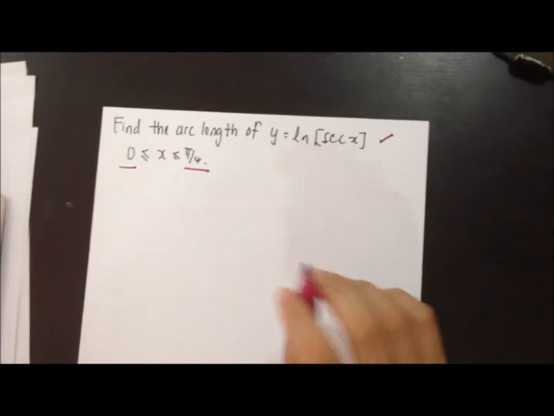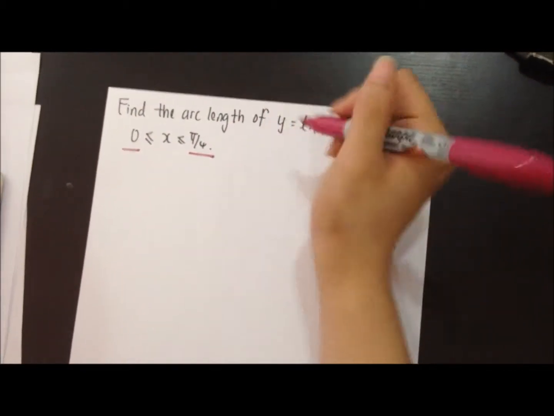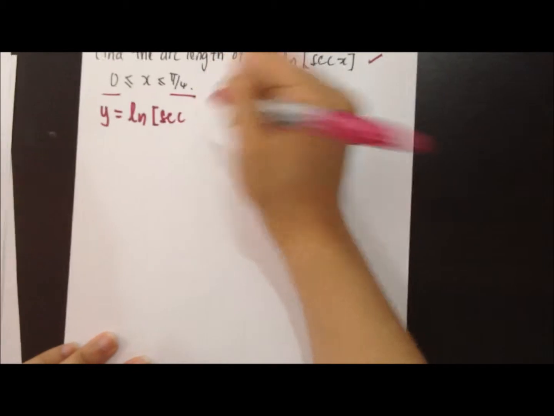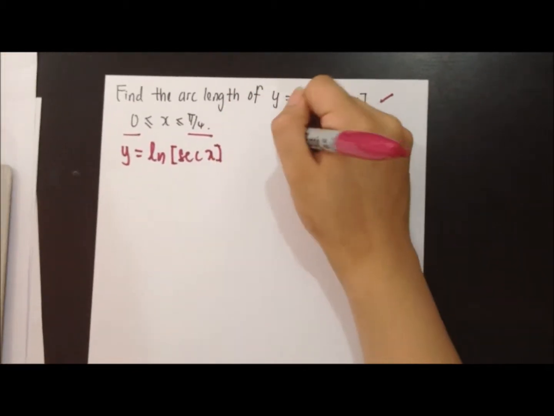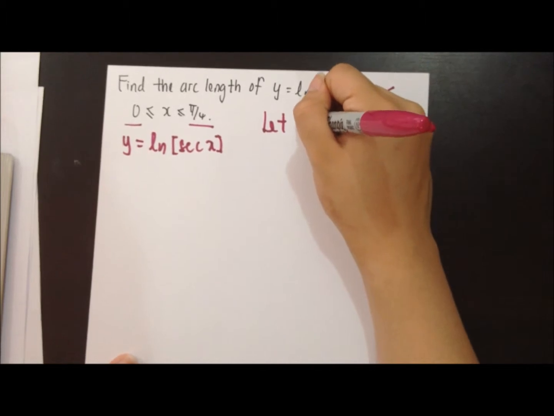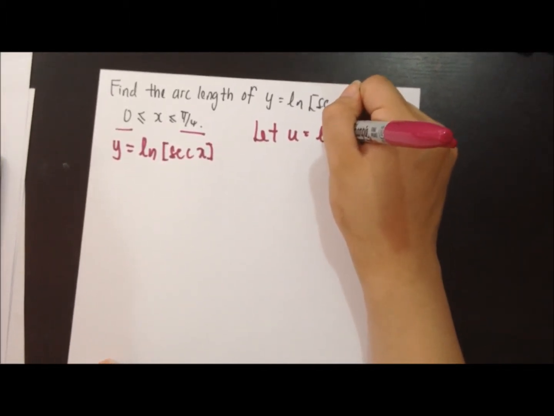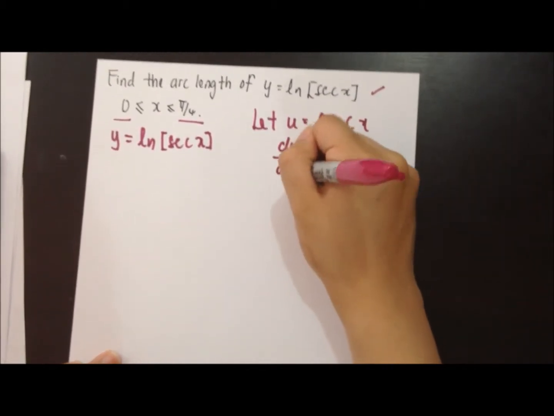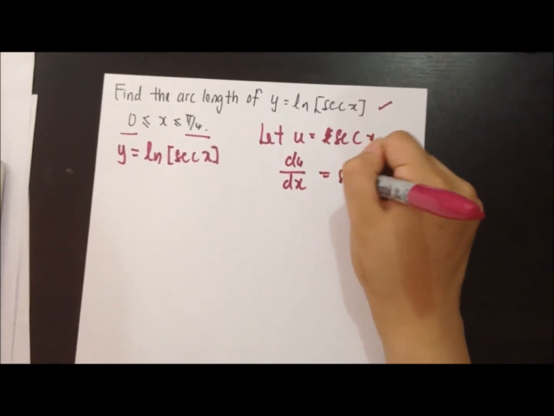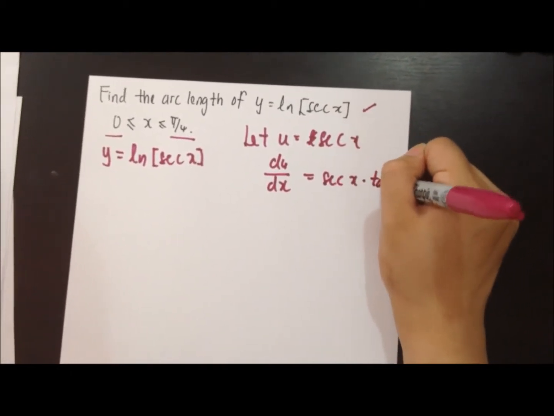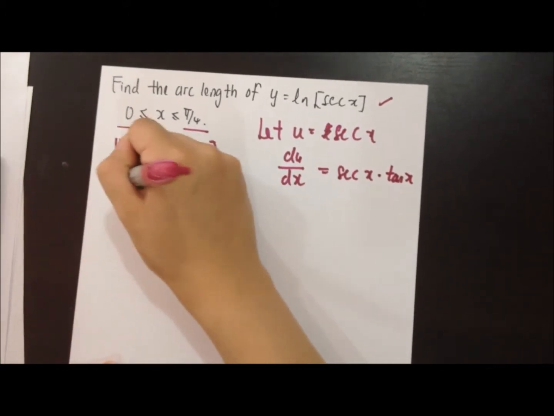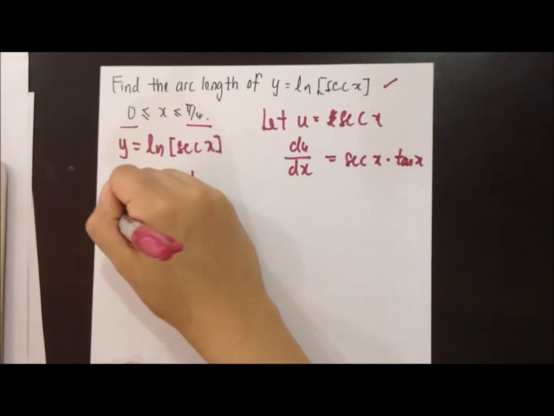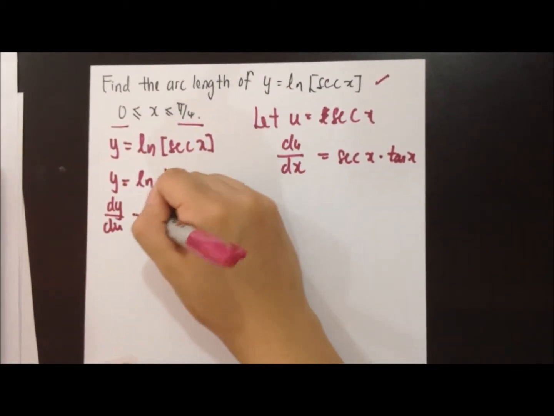So let me start to do it. First we find the dy dx. So y equal to ln secant x. Let u equal to secant x. So du over dx is equal to secant x times tangent x. So y equal to ln u, dy over du is equal to 1 over u.